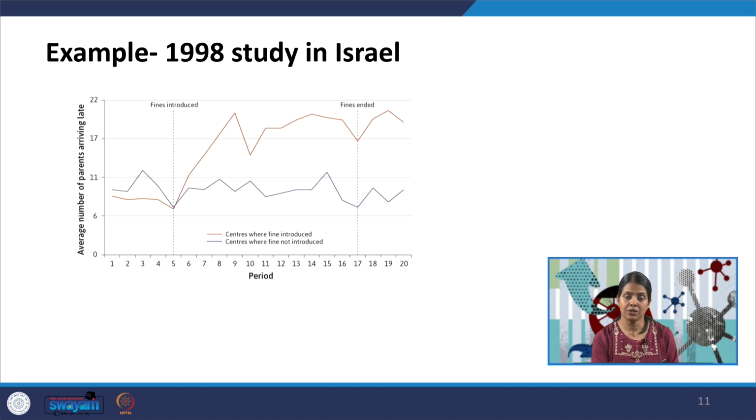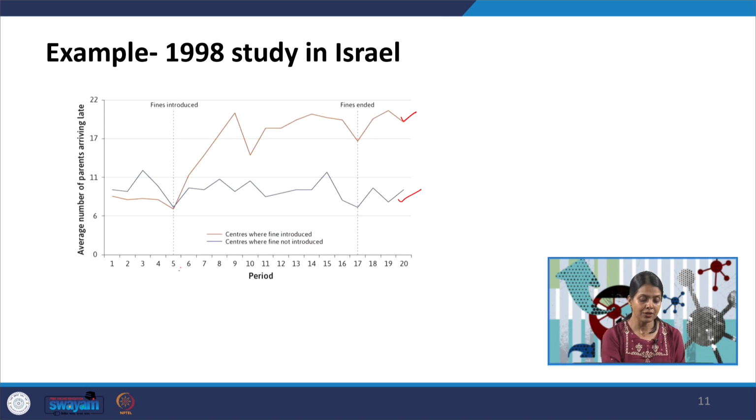So, what they did is that they selected certain daycare systems and then imposed some fines on the parents who were coming late. On this diagram we have two lines. The blue line is the daycare systems that did not go for imposition of fines, and the red line represents the daycare systems which went for fining the parents who were coming late.